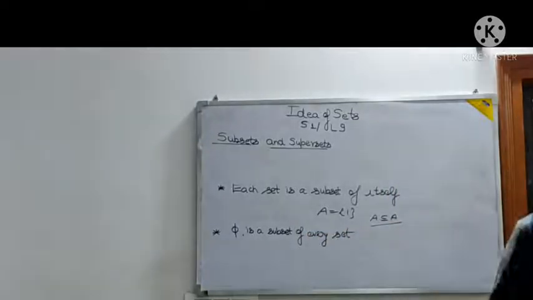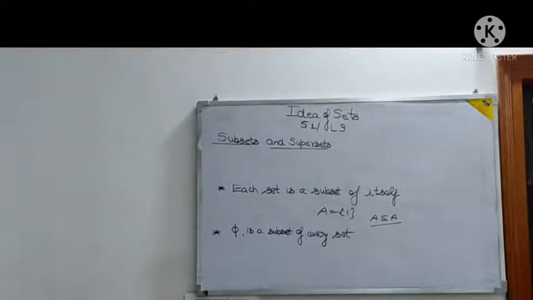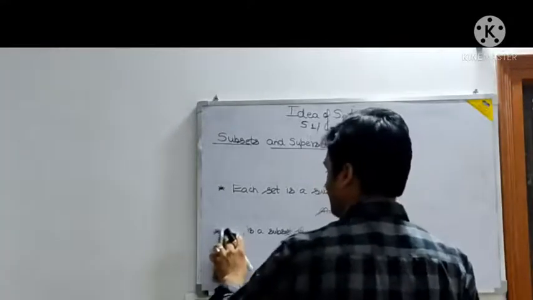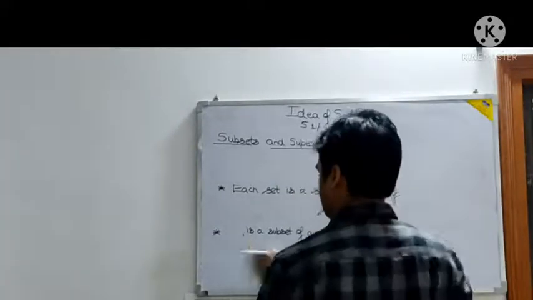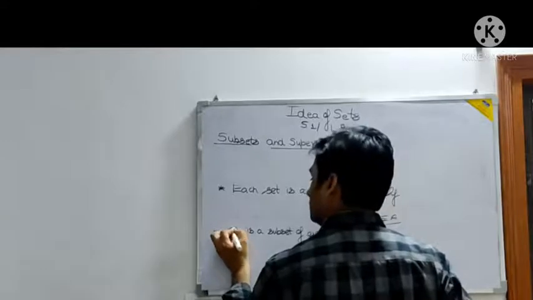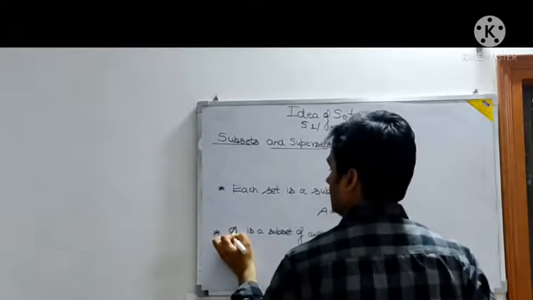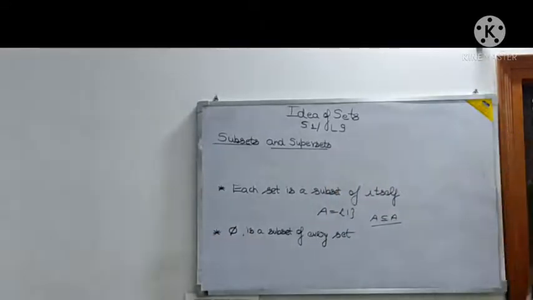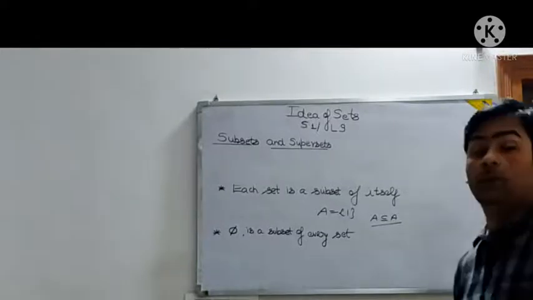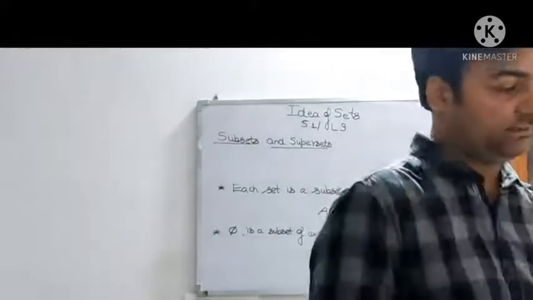That is, a null set is a subset of any set. This is called a null set, empty set, or void set.